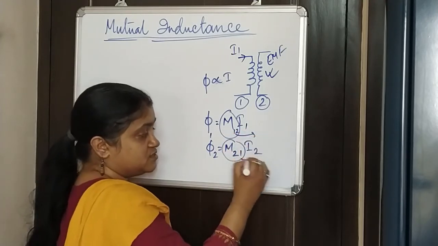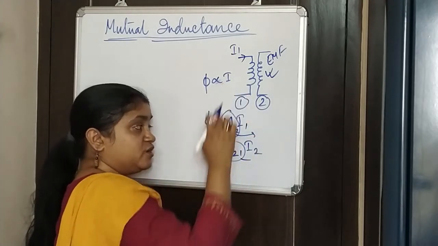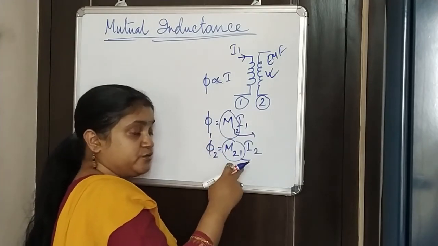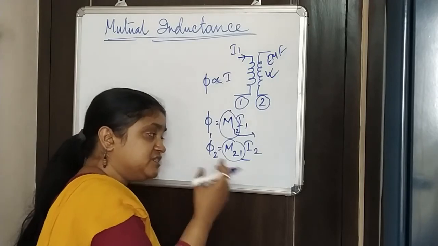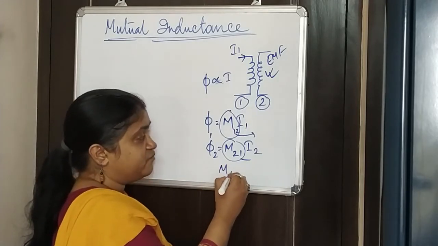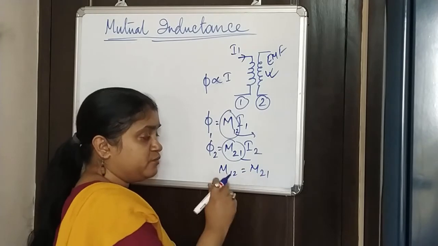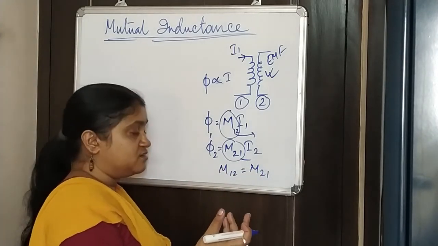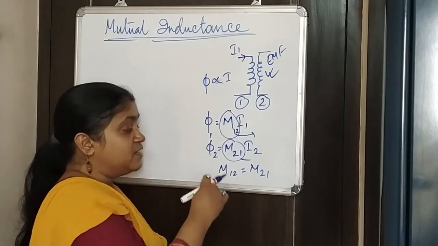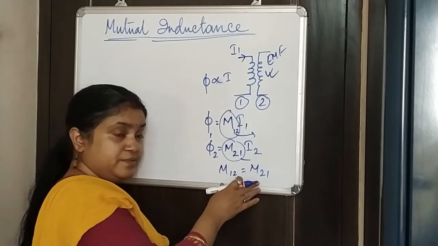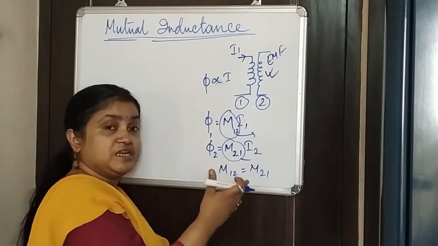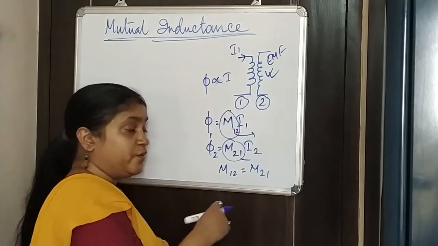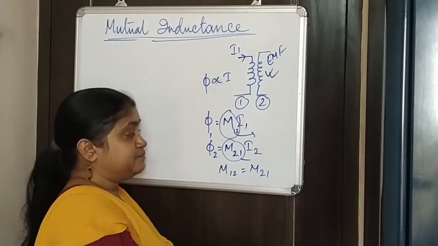This is the mutual inductance in the primary coil due to the secondary coil, and this is the mutual inductance in the secondary coil due to the primary coil. Generally it is seen that M12 is equal to M21. We will prove that by taking two solenoids or two coils. So generally, for a couple of primary and secondary coils, the mutual inductance is the same.